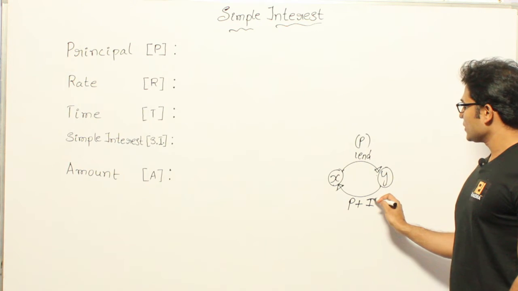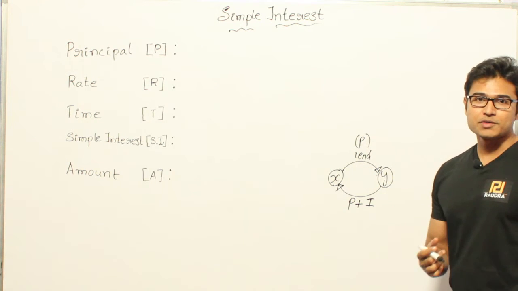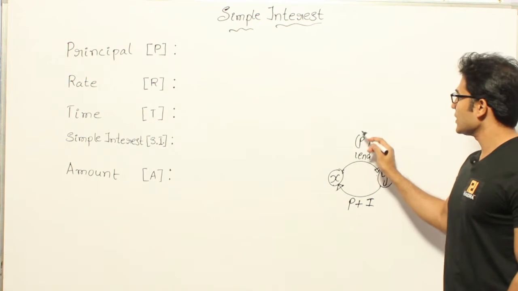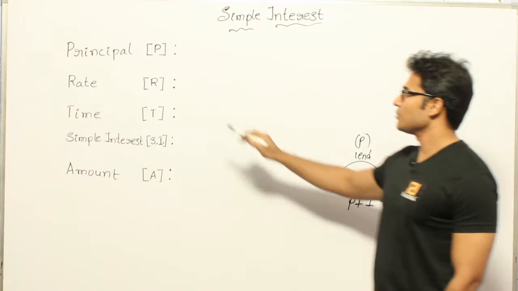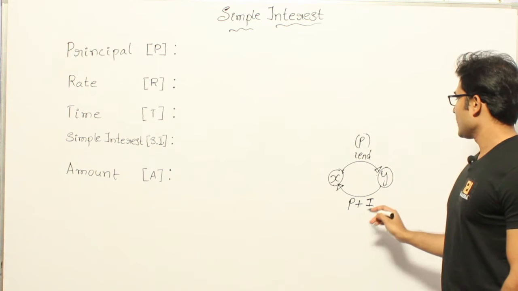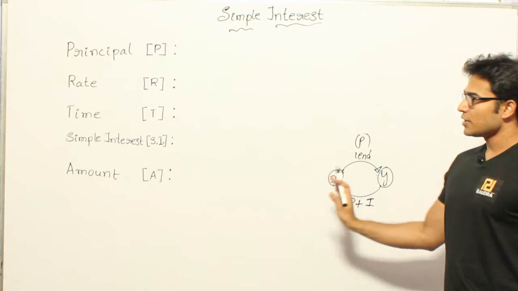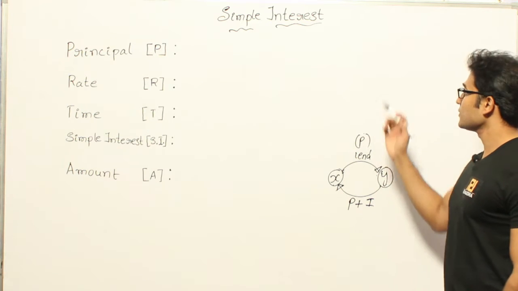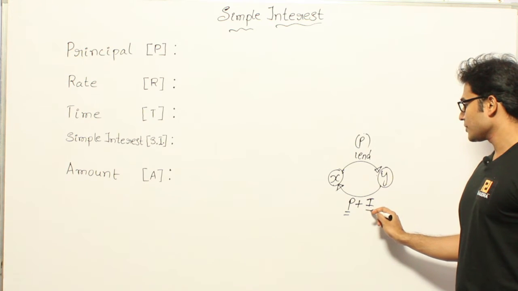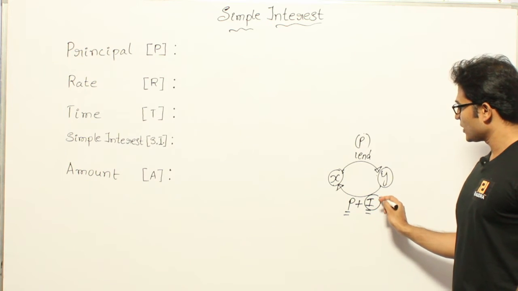So now in terms of this simple interest concept, the money whichever you are lending to Y is called the principal amount. So principal amount P is the money which you give to the other person, and whenever he is going to return you that amount, in the case of simple interest, he is going to give you that principal along with some interest, and this interest is called simple interest.